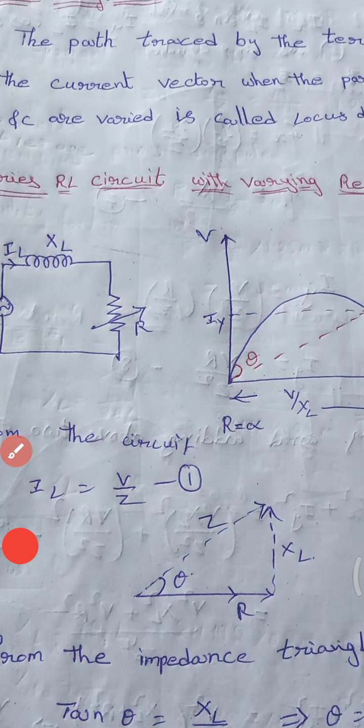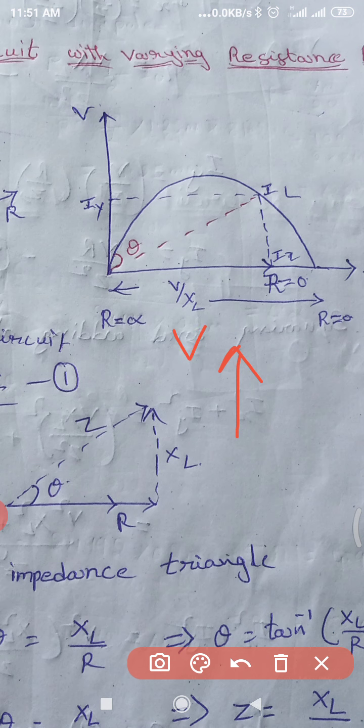But if you consider an inductive circuit, this is the voltage vector and the current is exactly 90 degrees lagging the voltage vector. This is about the pure inductive circuit.